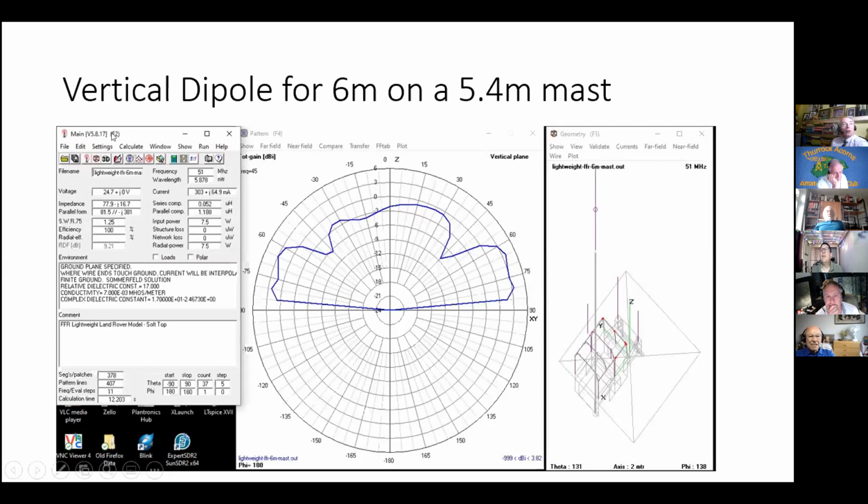This is the main screen of 4NEC2. It will helpfully tell you the impedance at the feed point, the compensating components needed to match the transmission line impedance you've given it. So 4NEC2 adds a little bit of value interpreting the results when you run it.